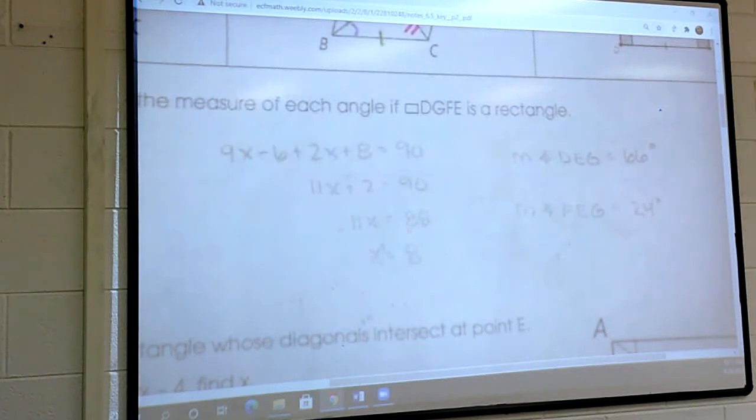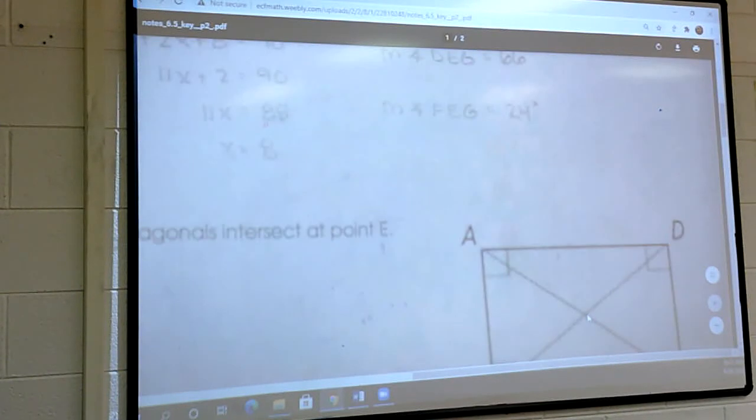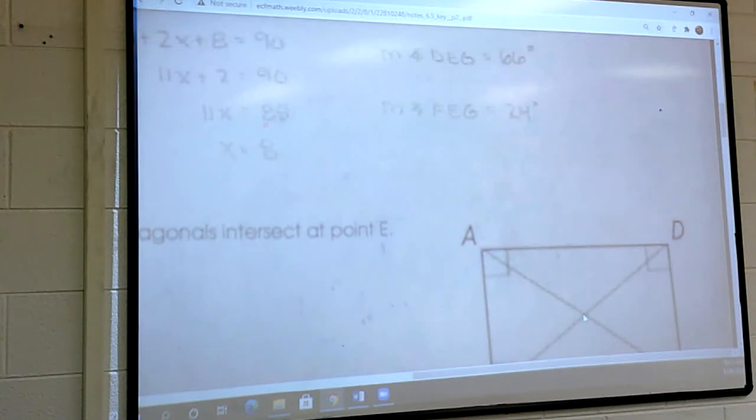Example 2, the middle right there, so you see those lines that are intersecting? The middle where they intersect, right in the middle where those two lines cross each other, we're going to call that point E. It's not labeled on your graph, but you want to call it E right there in the middle.